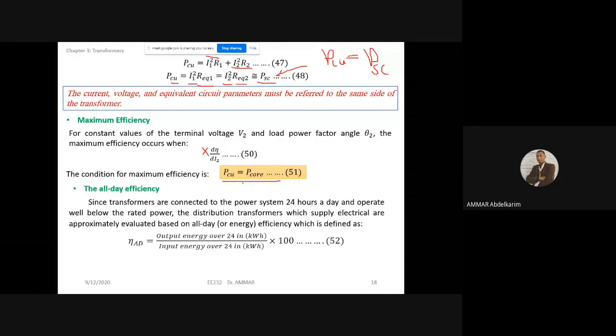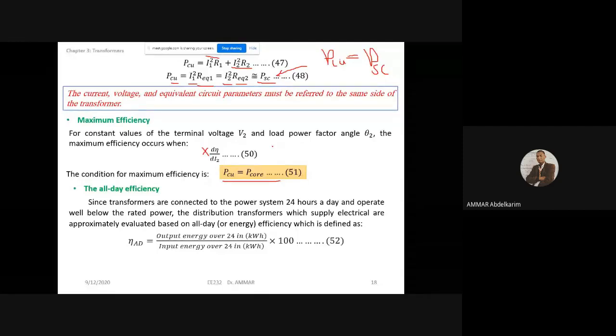So the efficiency is maximum when the copper losses equal the core losses, and this expression has a proof. Maybe I will show you the proof in the recitation. I didn't put it here in the course, but maybe in the recitation, inshallah, we're gonna see this proof if we have time.